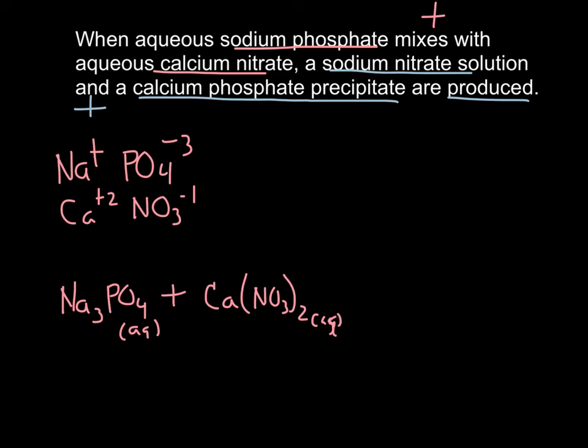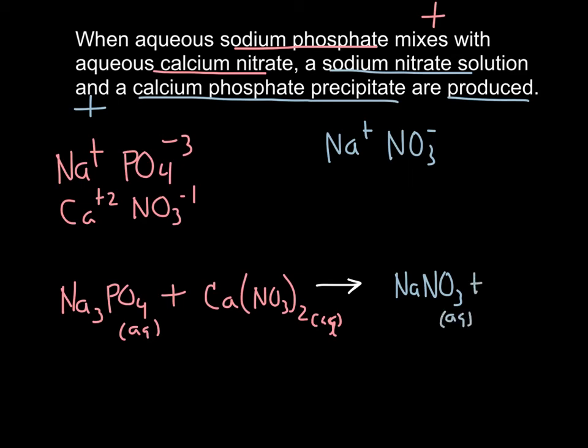Then we are given a list of products, so that indicates to us it's time for an arrow. We have a sodium nitrate solution, Na+ and NO3- crisscross to produce NaNO3. We're told it's a solution. That tells us it's aqueous.